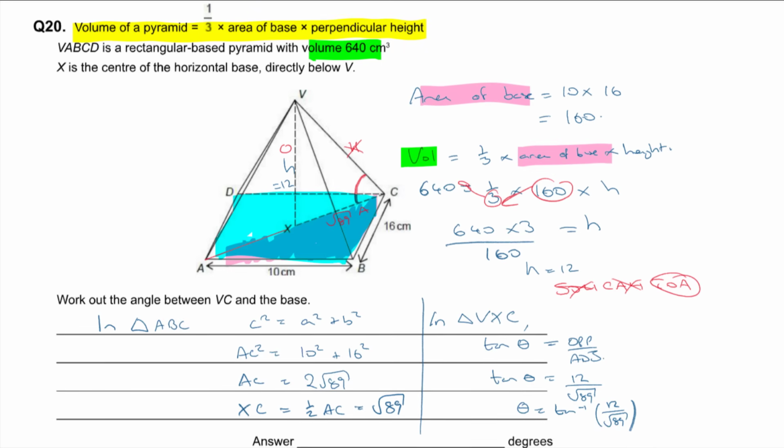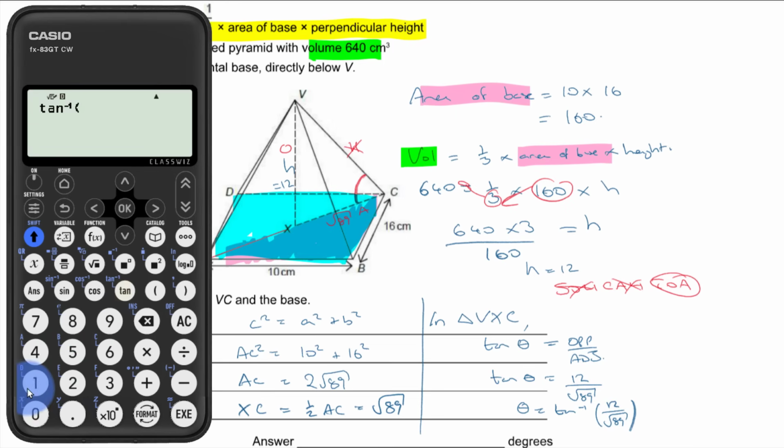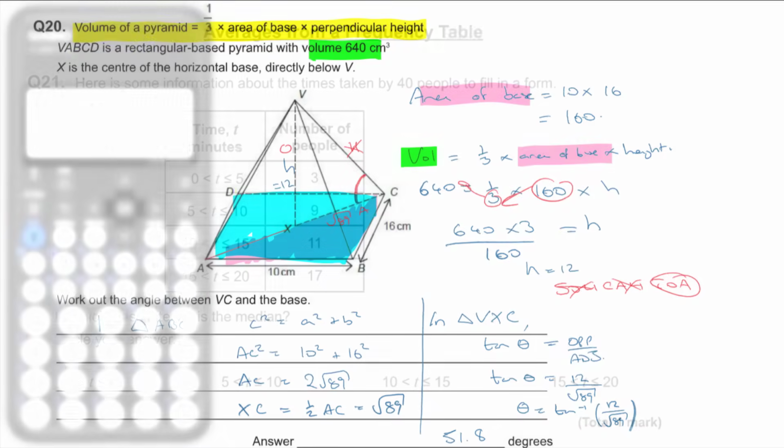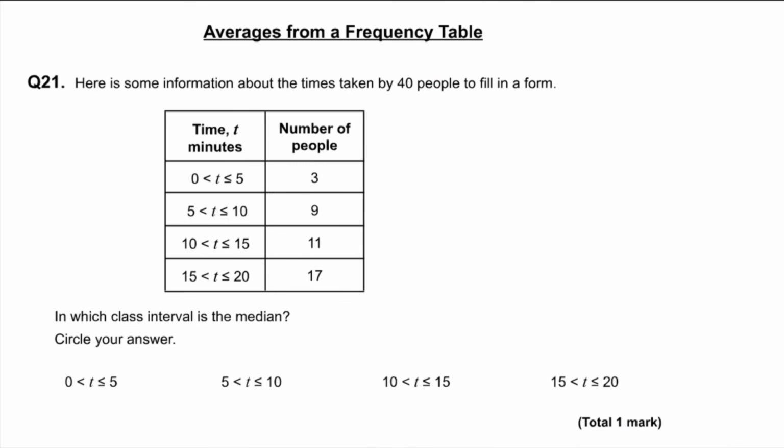So what's that? Shift tan 12 over root 89. Apparently that's 51.8. 51.8 degrees. Lovely.